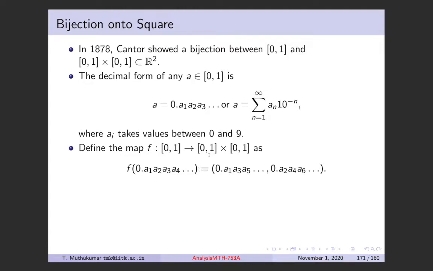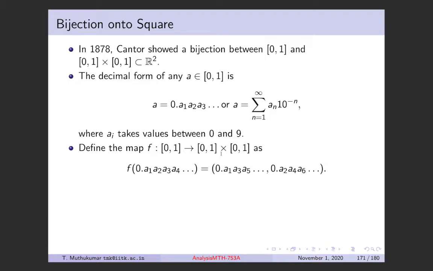The way he defined the two components was that all the odd position digits were taken as the first component of the element in the square, and all the even position digits were taken as the second component. So odd position digits are accumulated in the first term, and even position digits in the second term. This is how Cantor defined this map from 0 1 to the square.